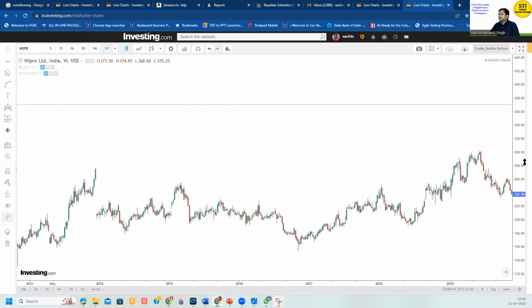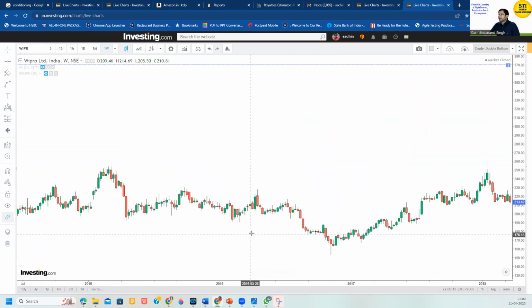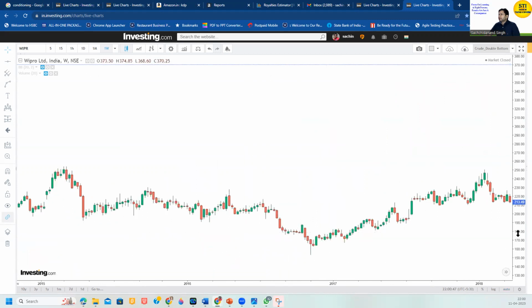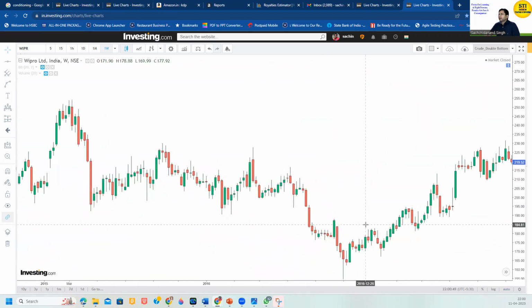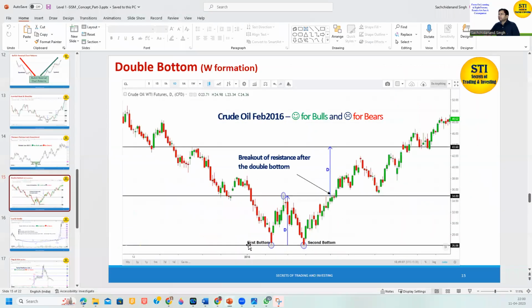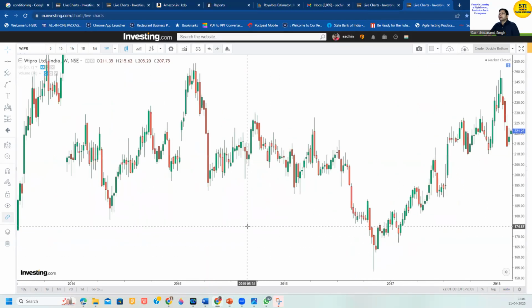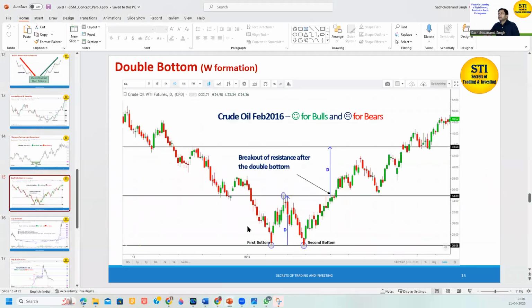Is this the correct one? Yeah, this is the correct time frame. Which time frame are we selecting here? The daily.